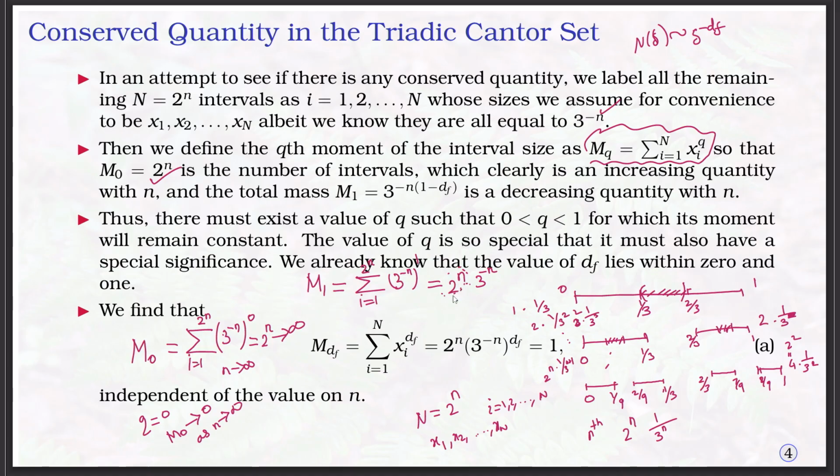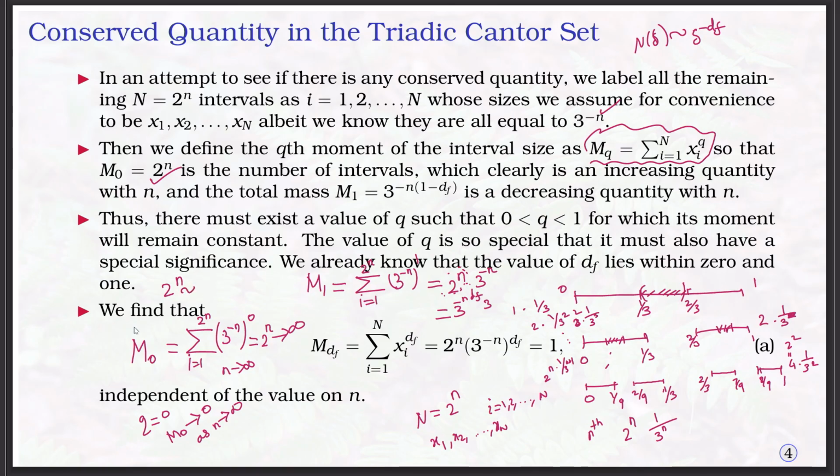Now, this 2 power n is directly proportional to the 2 power n number of intervals, each of size 1 by 3 power n. So 3 power minus n, power minus df. If you replace here, then one can get 3 power minus n df.